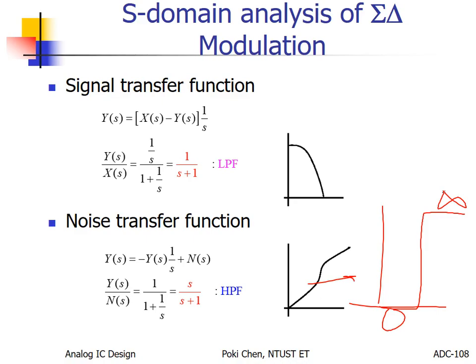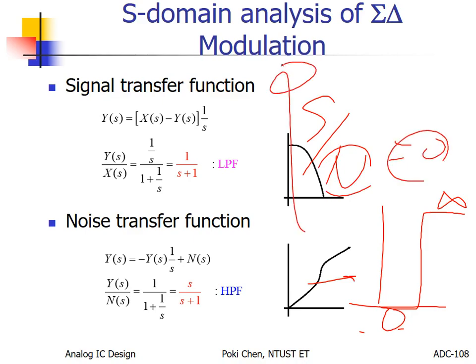What does it mean? This is almost 0, so you have an infinite equivalent number of bits. The ENOB will become infinite. Wow. But that is only in theory.